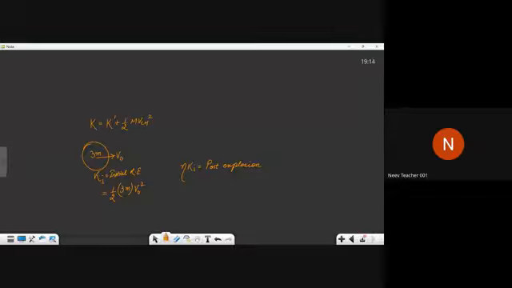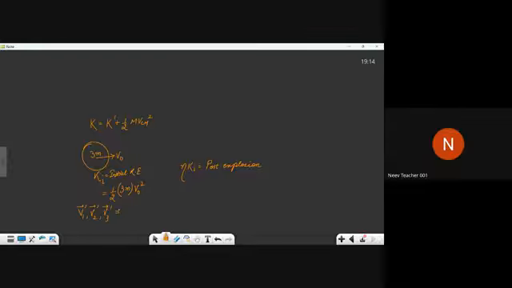What we can say is, let us introduce a few terms, which is speed or velocity with respect to center of mass. I'm writing a few terms over here: V1 prime, V2 prime, V3 prime.